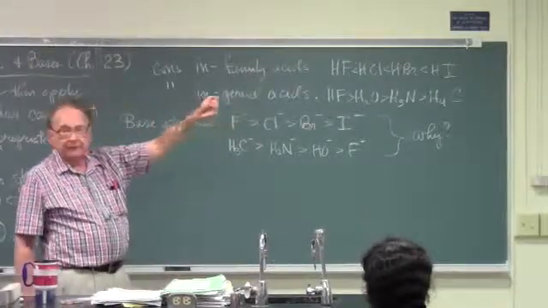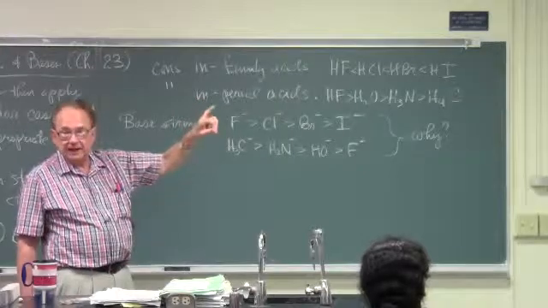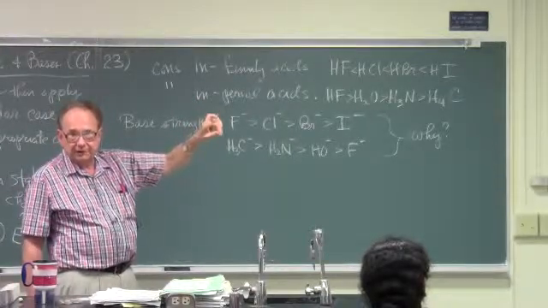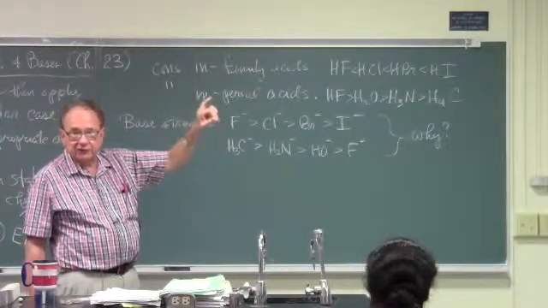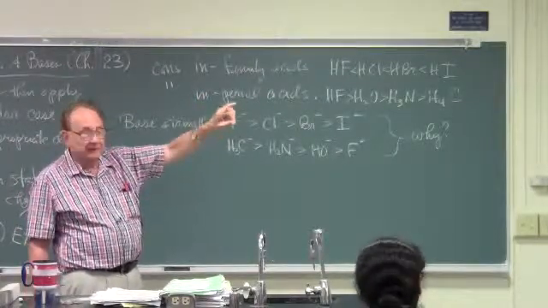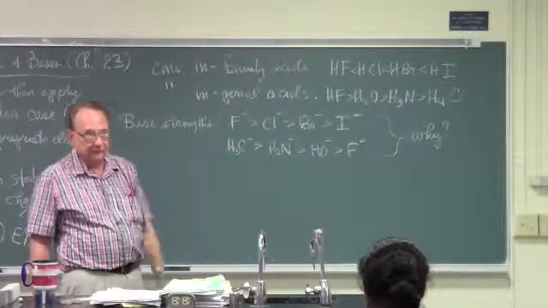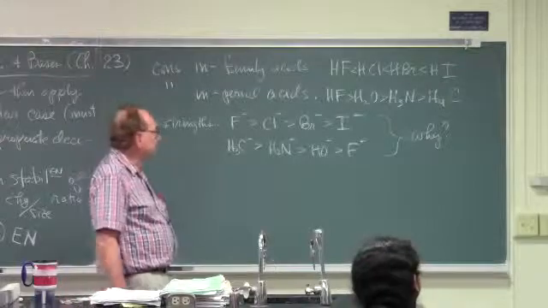As we go from atom to atom inside a family, for A family atoms, we generally observe a substantial increase in size as you go from period to period. Chlorine a lot bigger than fluorine. Bromine a lot bigger than chlorine, etc. Okay?